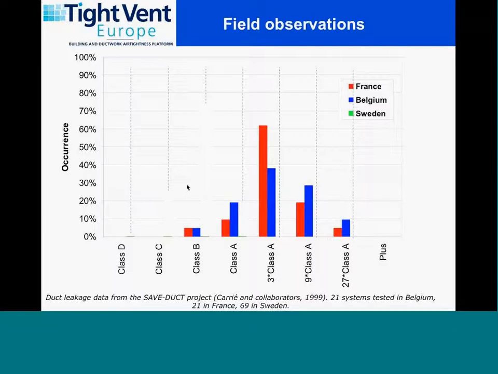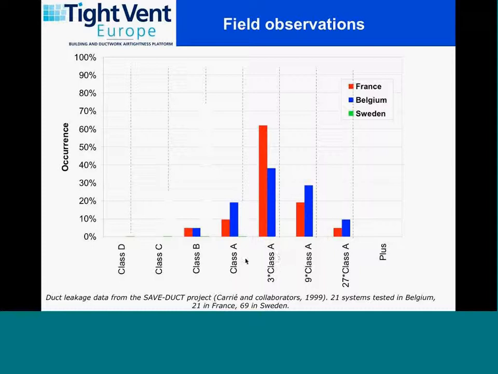Peter showed this picture also, where you can see measurements that were done in France, Belgium, and Sweden. And of course, what is striking is that we had to make additional classes because we could not classify the systems according to the standard.